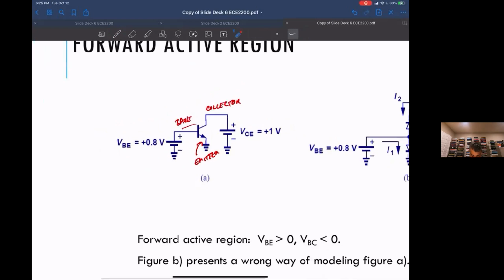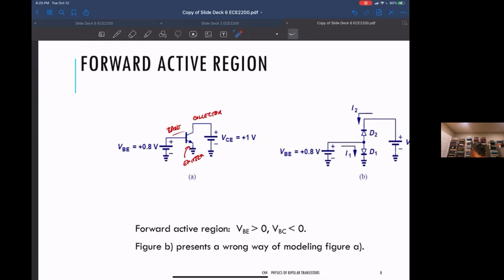Then when you connect a higher voltage to the collector, let's say my collector-emitter voltage is 1 volt and the base is 0.8 volts, it means the collector is higher than the base by 0.2 volts. So VCB is 1 volt minus 0.8 volts, which gives a collector-base voltage of 0.2 volts.